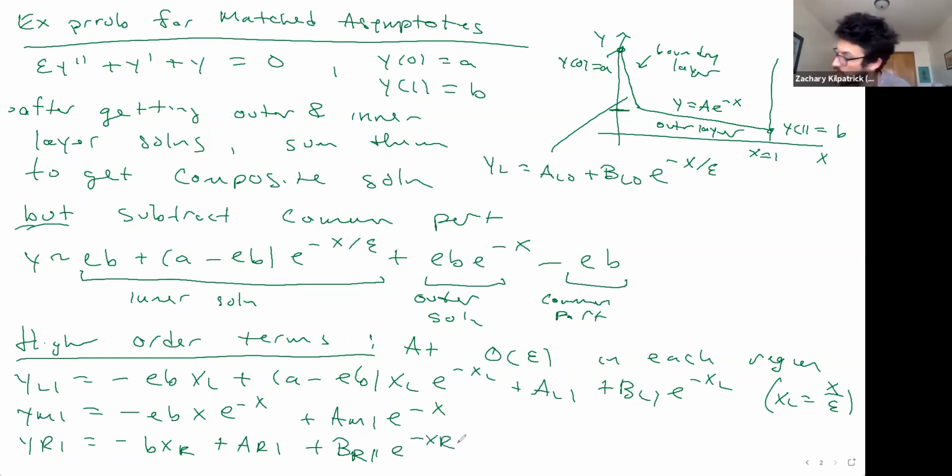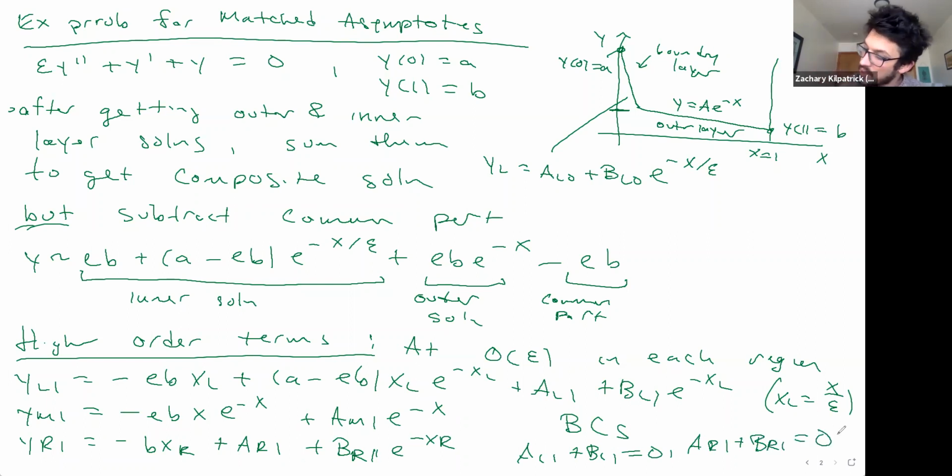And our boundary conditions are going to give that AL1 plus BL1 equals 0, and A R1 plus B R1 is equal to 0. So that's looking up here at these boundary conditions. There's no order epsilon terms, so our left and right hand boundaries are 0.